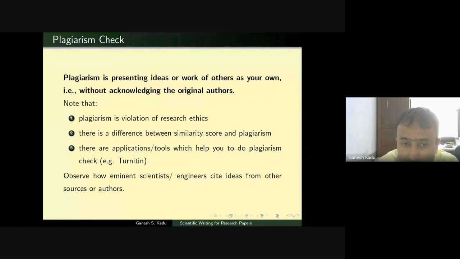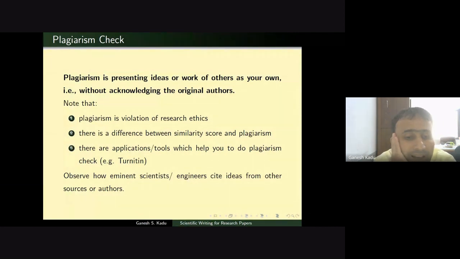Your package, let's say Turnitin, will show some similarity with the other papers, but you have acknowledged them, you have cited them, so it will only be a similarity index and not plagiarism. So one needs to get into the question of what is plagiarism, and how it is different from similarity index.